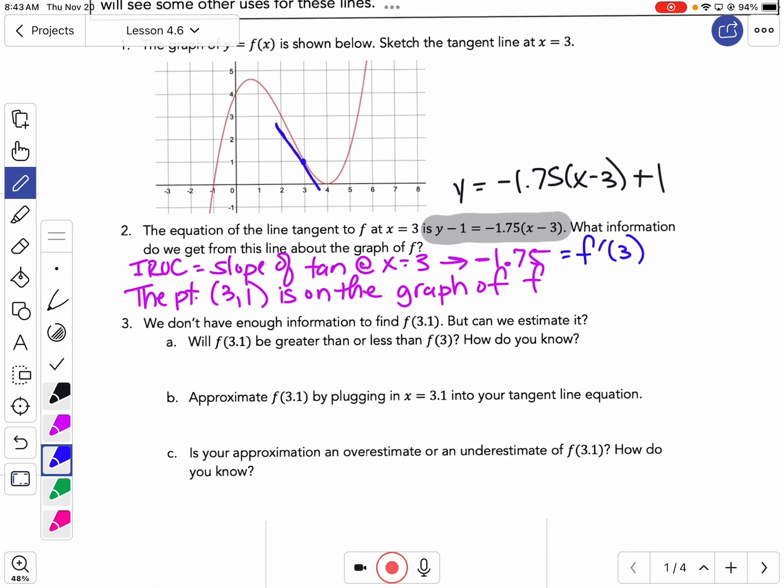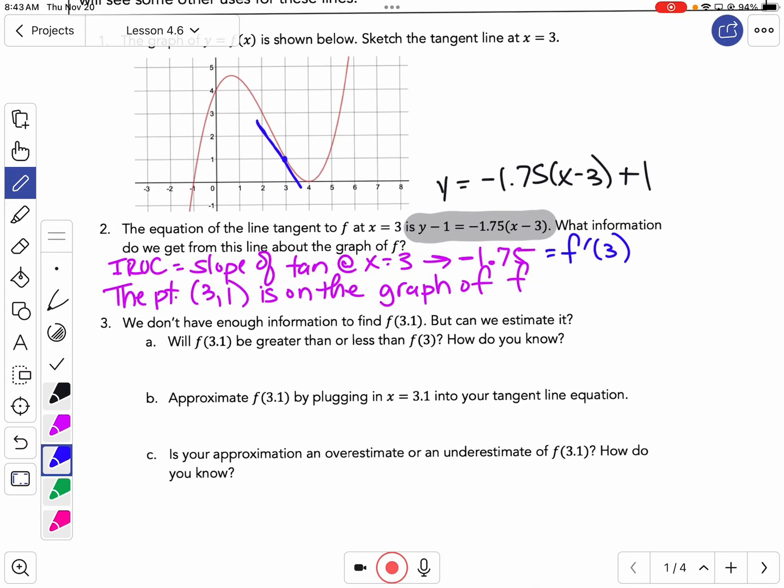Can we take this line and estimate it? So, do you think f at 3.1 will be greater or less than f at 3? Because 3.1 would be, let me use a different color, right here. Do you think that value is going to be greater or less than the value at 3? It's less, okay?